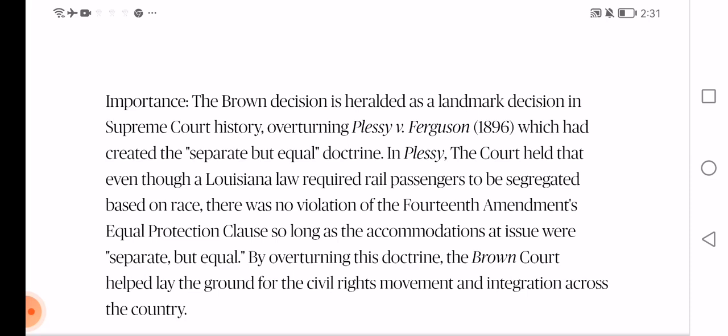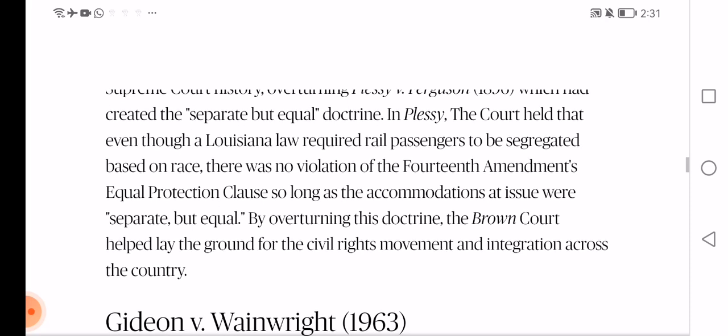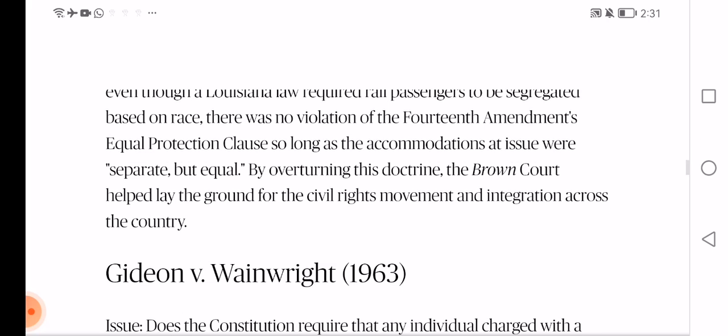Ferguson in 1896, which had created the separate but equal doctrine. In Plessy, the court held that even though the Louisiana law required rail passengers to be segregated based on race, there was no violation of the 14th Amendment Equal Protection Clause, so long as the accommodations were separate but equal.